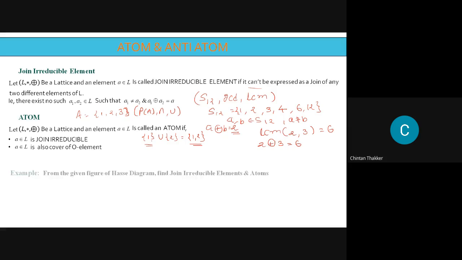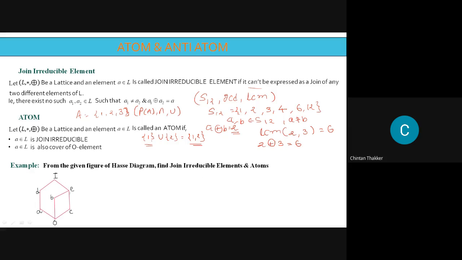Now see here from this Hasse diagram. Sorry, I made one mistake: I wrote B upward, but B is here, and B is connected with E. Here we have D, E, here the I element, C, here the zero element, and here we have B. It is a cover of the zero element.